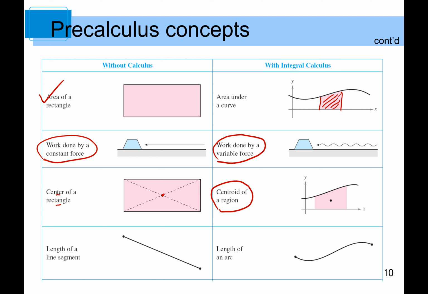And without calculus, you can find the length of a line segment, just like that one, using the distance formula, given the coordinates of the 2 points.